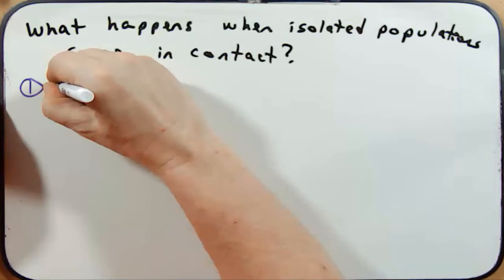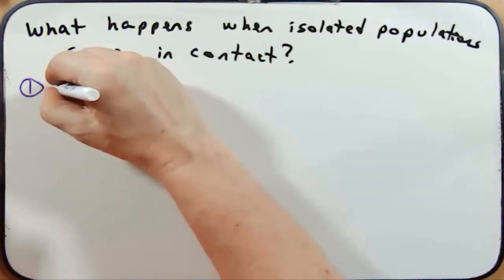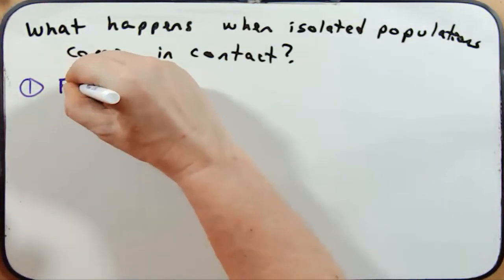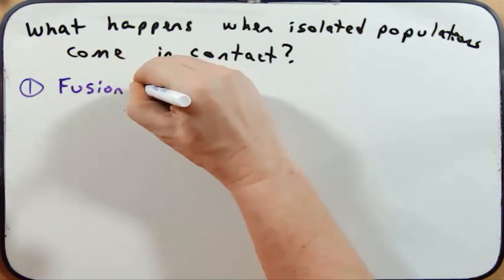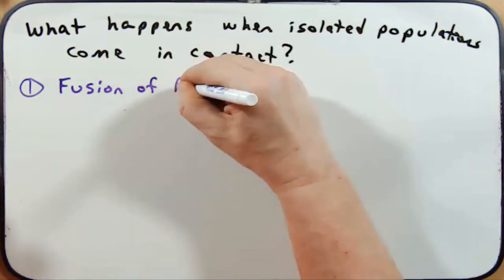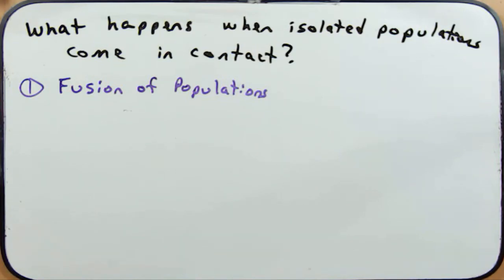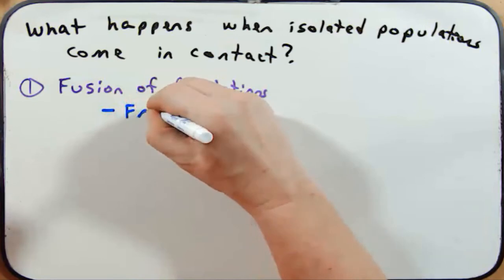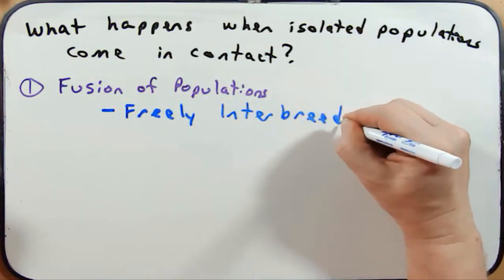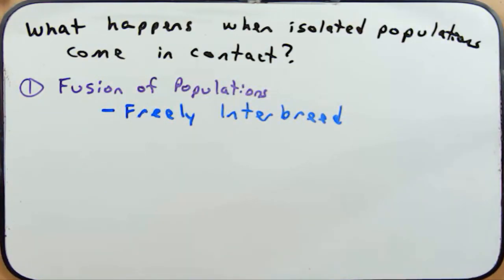The first is that when these two populations come together, we could have a fusion event. So fusion of the populations. And what I mean by that is that these two populations freely interbreed with each other. Another thing that could happen is that one of the populations could become extinct.